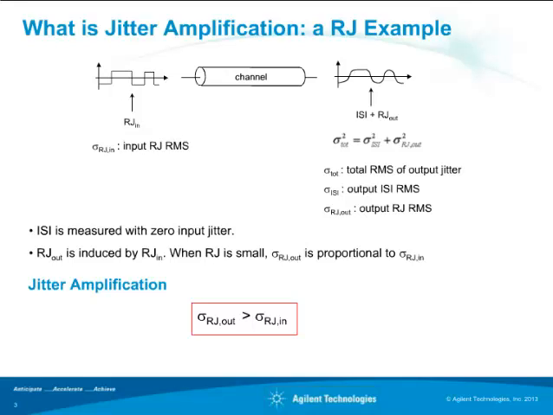Okay, next question is from Bo. Jitter amplification is dependent on the channel loss and the data rate. If the data rate is fixed, what are the options to reduce jitter amplification? Yeah, so the option is to equalize the channel loss. Either make the channel very flat, or equalize it, a higher quality channel.